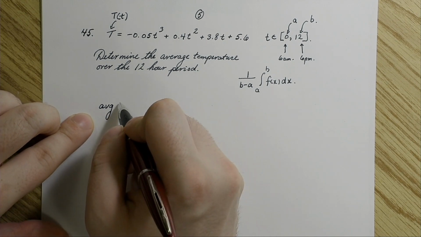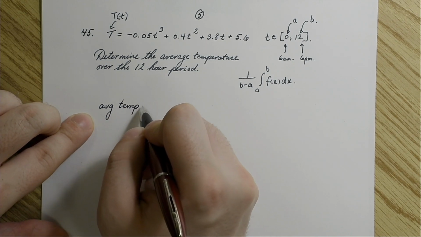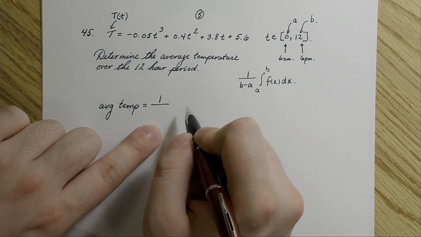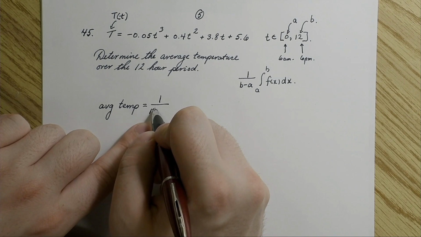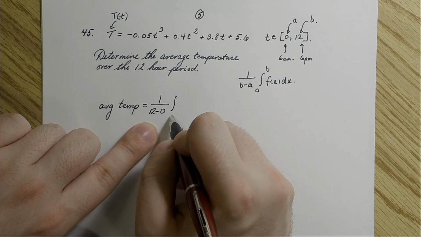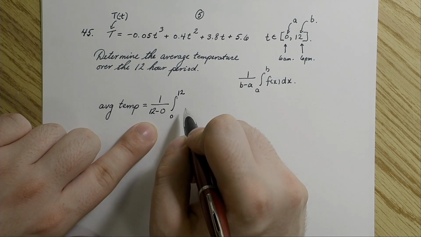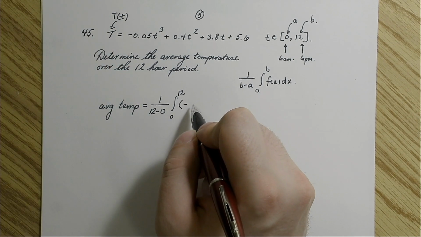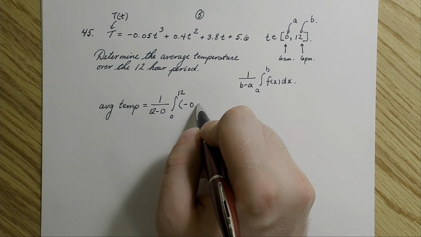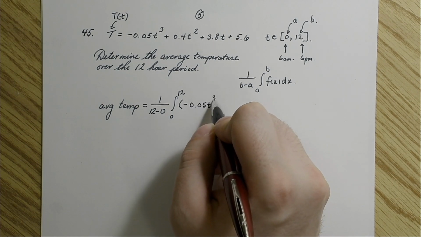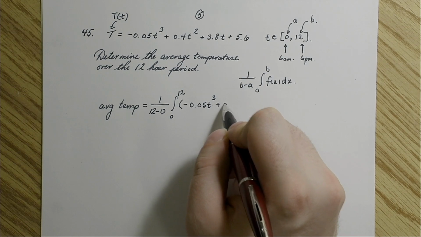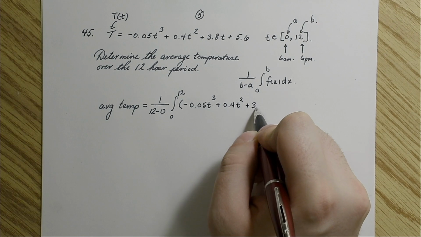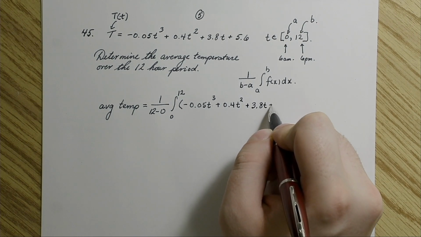So the average temperature is equal to 1 over 12 minus 0, the integral from 0 to 12 of our function: minus 0.05 T cubed plus 0.4 T squared plus 3.8 T plus 5.6.